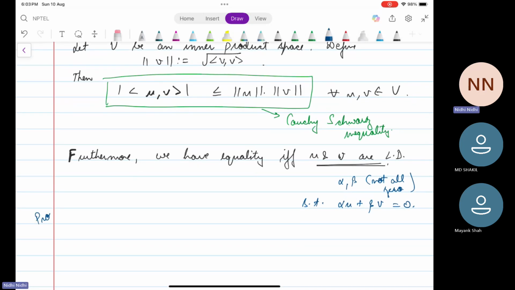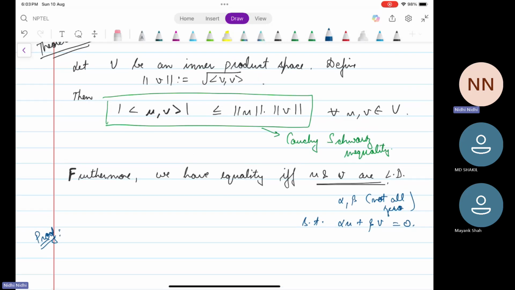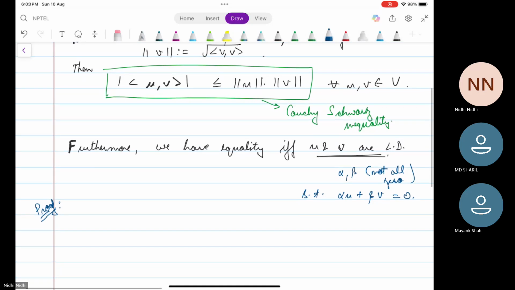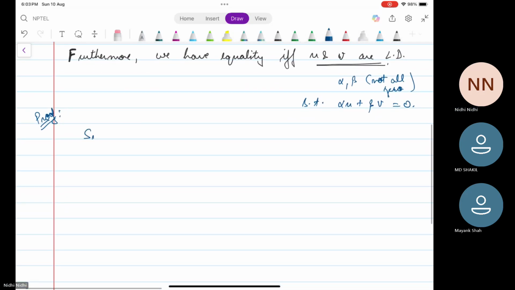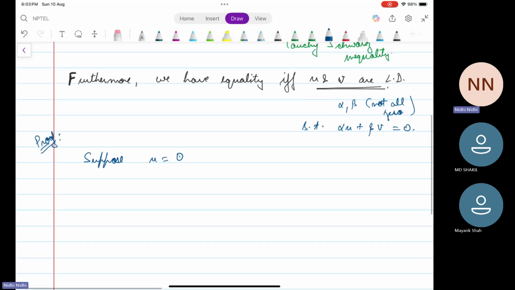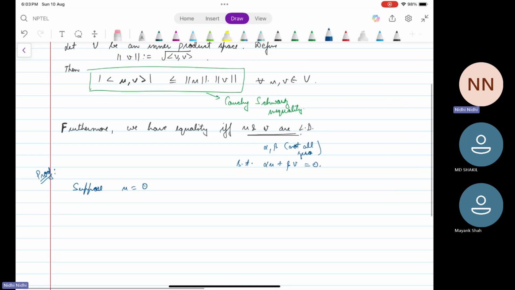Now let's look at its proof. It's a basic application of the properties of inner product. Suppose either one of them is zero. Then the left hand side of the inequality is the inner product of v with zero, and we have seen earlier that this is equal to zero.